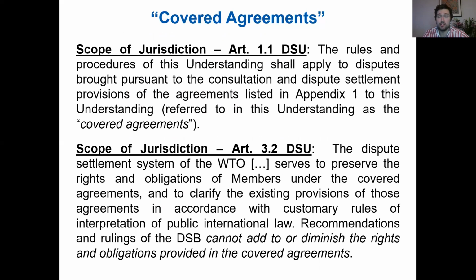The dispute settlement system of the WTO, it says, is a central element in securing stability and predictability of the international trading system, and it serves to preserve the rights and obligations of members under the covered agreements and to clarify the existing provisions of those agreements in accordance with customary rules of interpretation of public international law. And here, importantly, what they say is that recommendations and rulings of the DSB cannot add to or diminish the rights and obligations provided in the covered agreements.